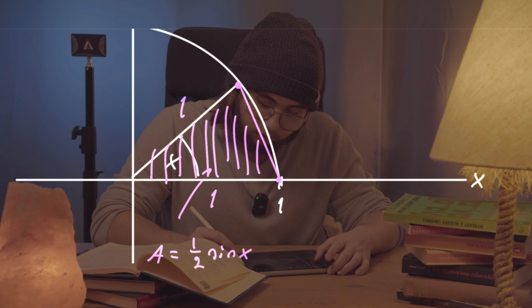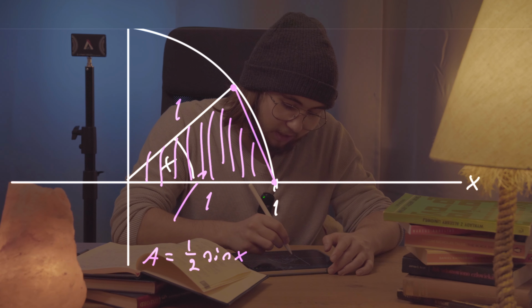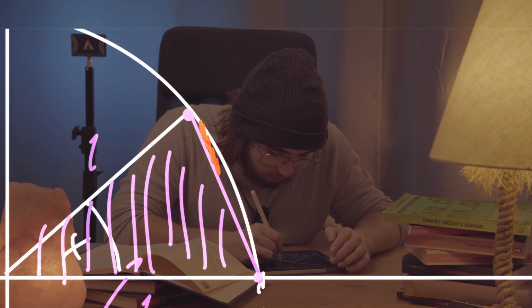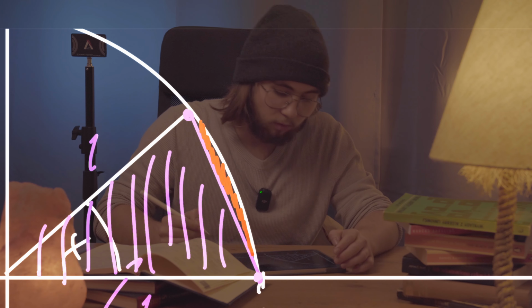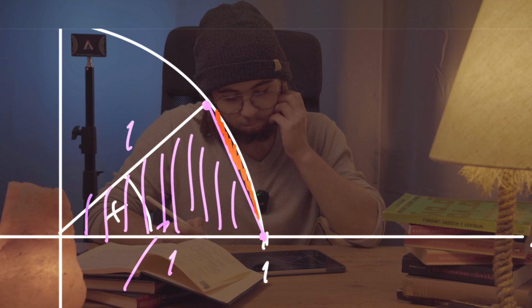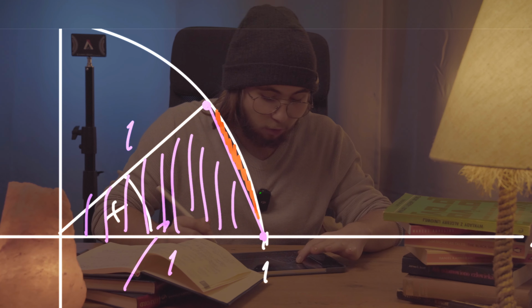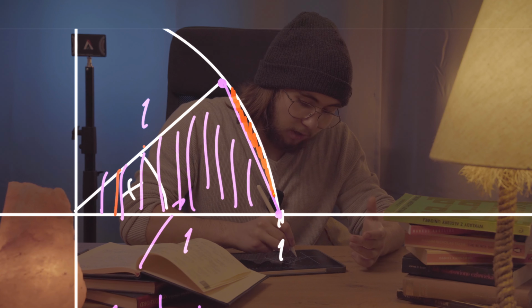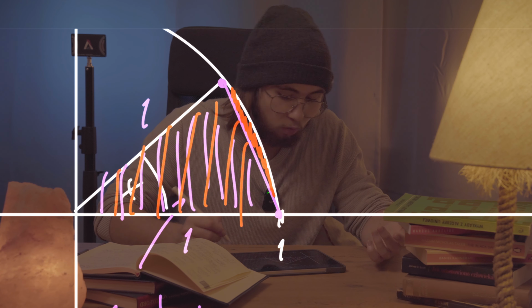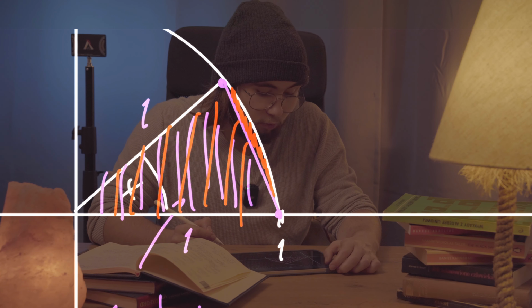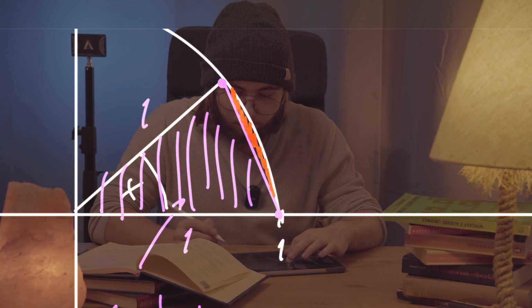Now I would like to calculate the area of this entire sector. However, this time I would like to include this small arc area right over here, that looks like it's not even there, but it is there actually. As you can see, this new orange area is definitely going to be greater than the purple area.